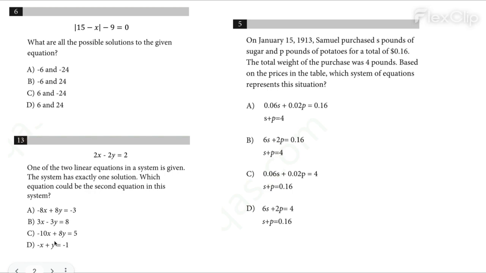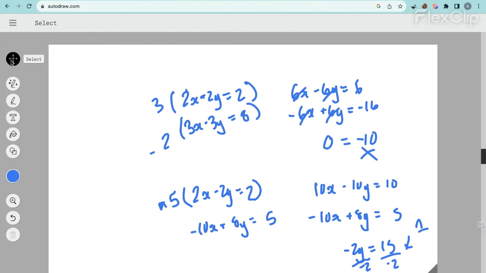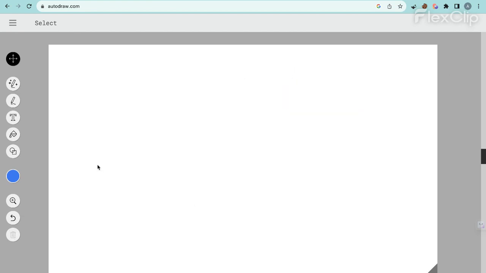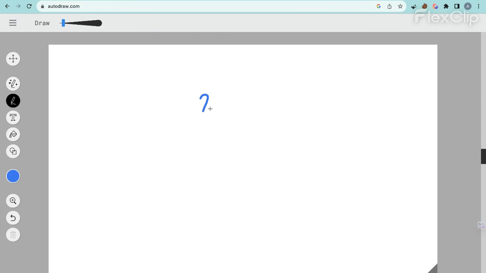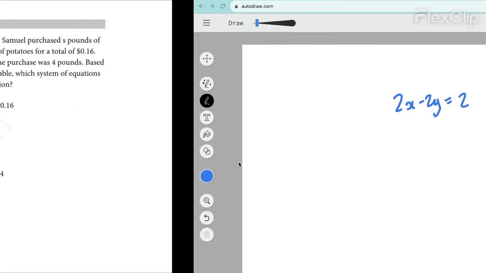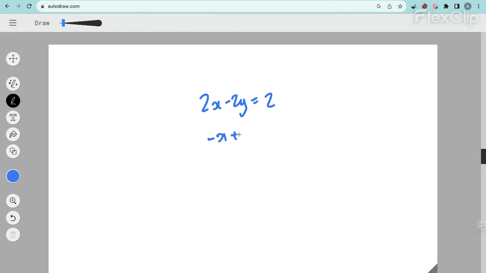Okay. We can also look at D real quick because I feel like D is going to be another special case, which I'm going to go over with you guys. D is not the correct answer, but it's also something else that sometimes pops up. So we're going to look at that just to show you guys. This is going to be one of those special cases. So we're doing the same thing, elimination.